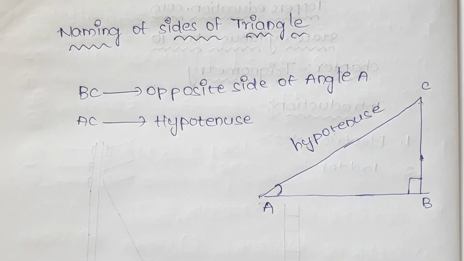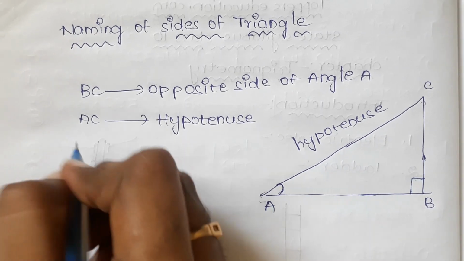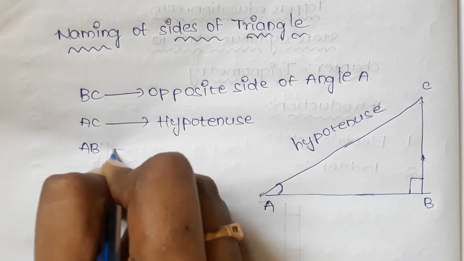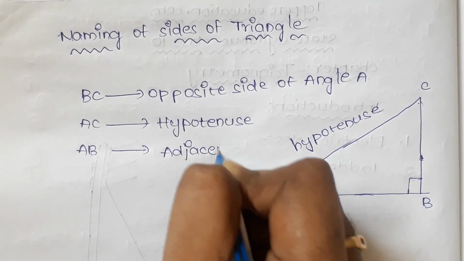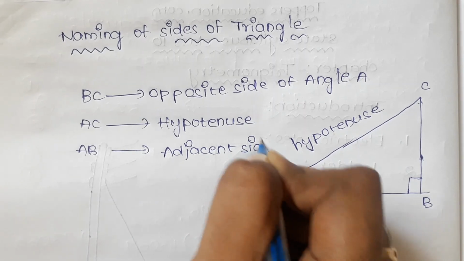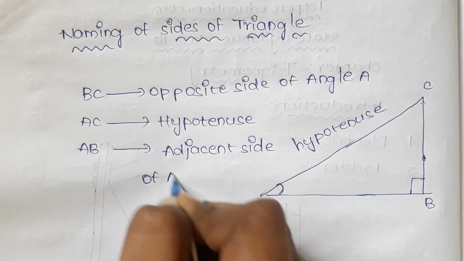And now we have the other side, that is AB. This AB can be called the adjacent side of angle A.